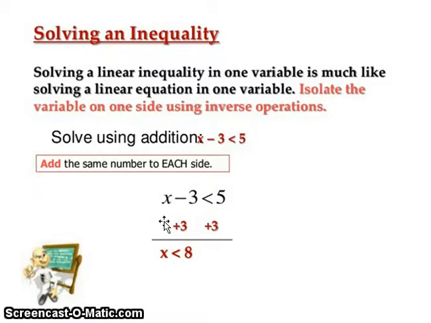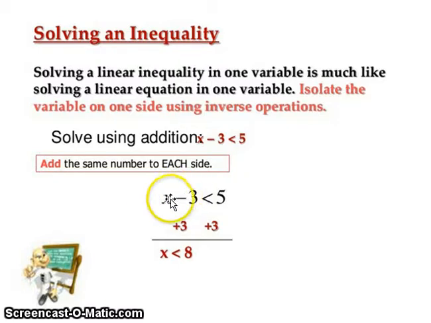Again, we're going to do a little bit of review quickly. This is solving inequality using addition. So when you're given an expression such as x minus 3 is less than 5, basically what we want to do is isolate the variable, which means get the letter by itself. So in order to get rid of this subtract 3, we need to do the inverse operation, or the opposite.